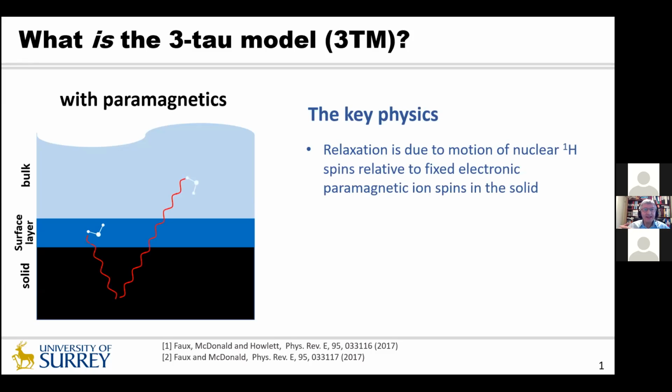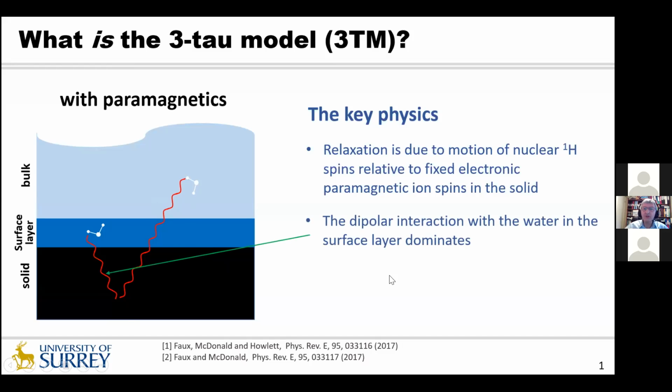There are two example interaction types here. What we're looking at is a water molecule in the layer and a water molecule in the bulk, and these red lines indicate the interaction of some paramagnetic ion in the solid with a proton in a water molecule in the surface layer, or alternatively, a proton in the bulk water.